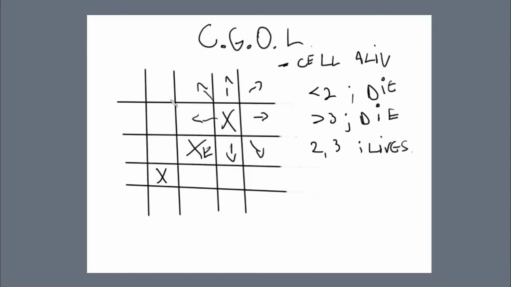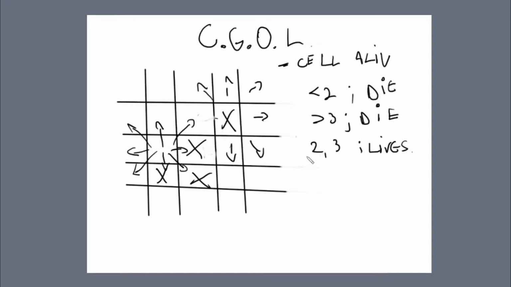But what if a cell is dead? Because we have to test the dead cells as well. So I'm going to mark this one just to show you what happens there. If the cell is dead, then it'll look around it, here, here, here, and counts how many of its neighbors are alive.